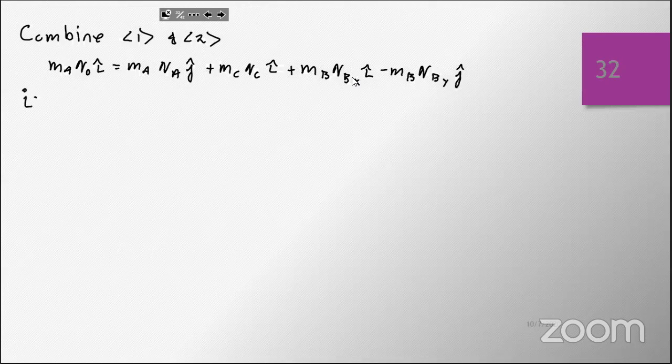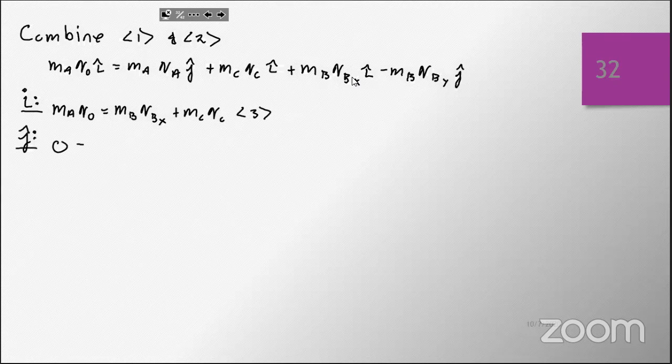So I'll write this in terms of my I direction stuff, right? Call this equation 3, and my j direction: 0, there's nothing in the j there.